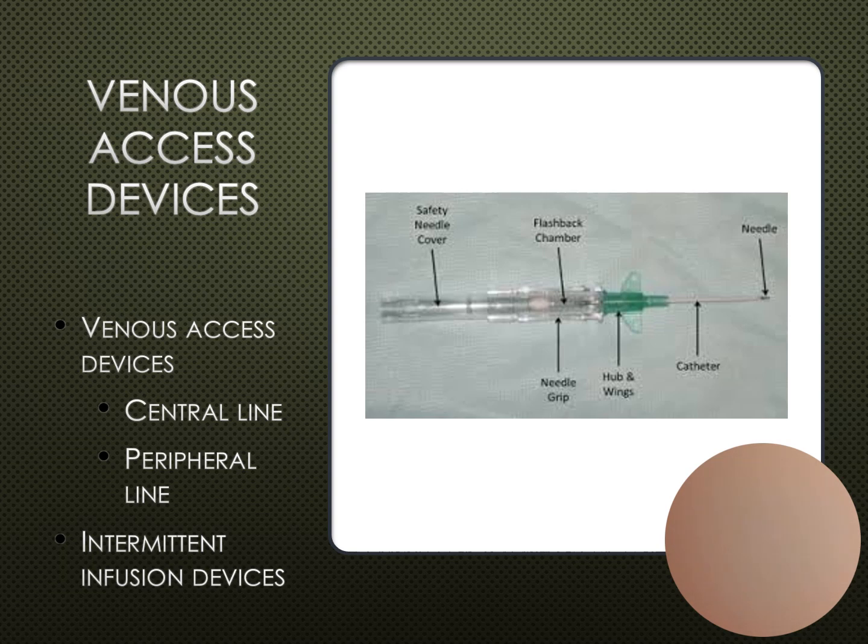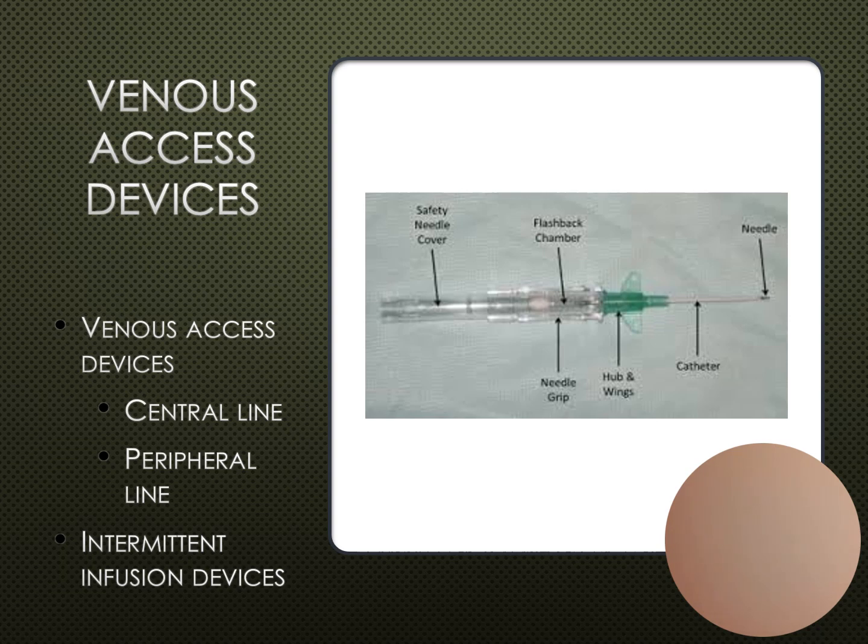It can be inserted by a clinician that has special training, including RNs. It is a central vascular device that is inserted through a peripheral vein in the upper arm and is then advanced to the superior vena cava. This site is often preferred because of the ease of access and its cosmetic appearance.